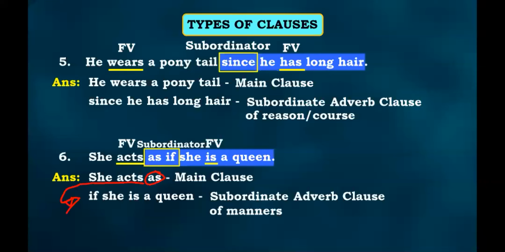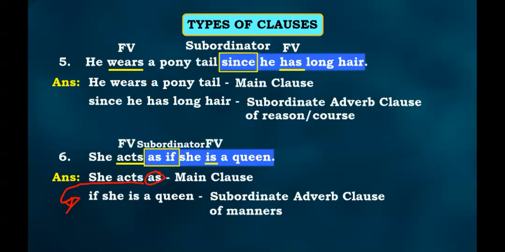Now you know comparison very well. It's very easy. When two things are compared, it is comparison. As in we have done degrees of comparison too. The last one is adverb clause of consequence or result.